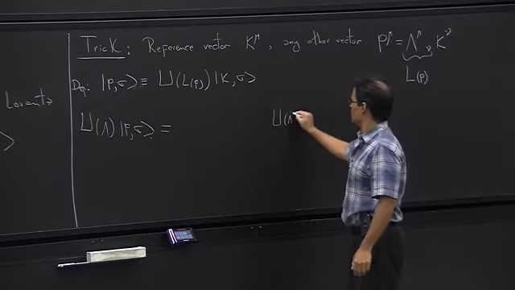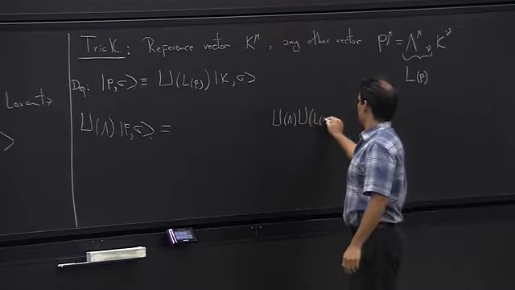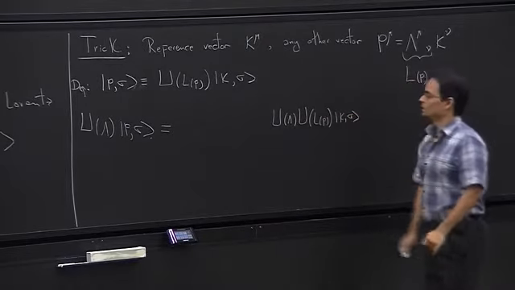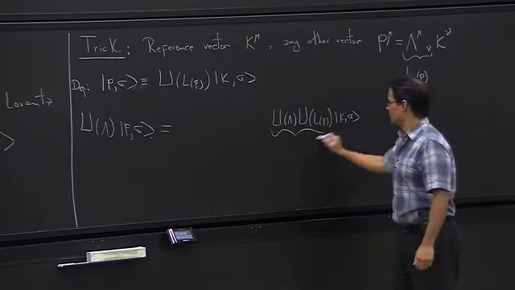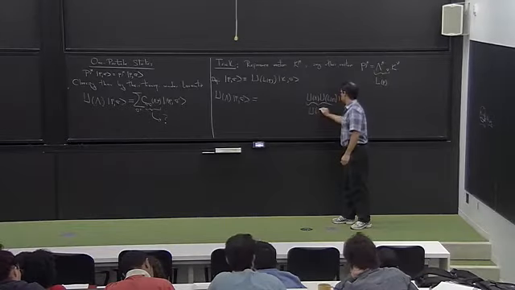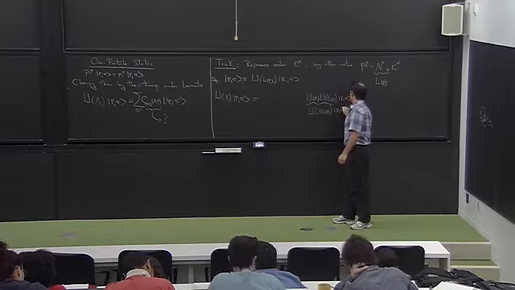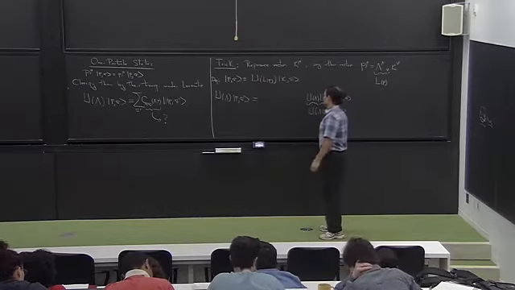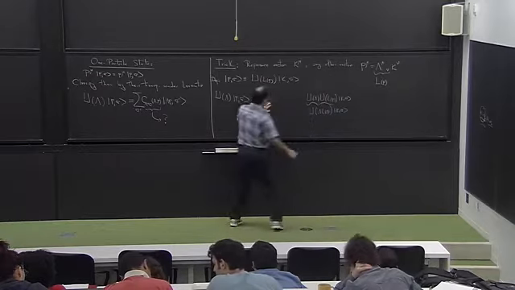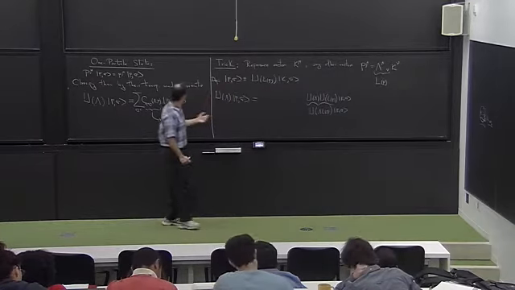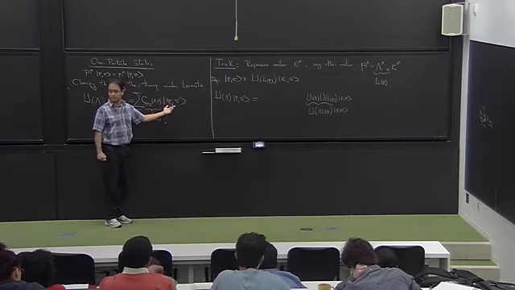So we have U of lambda, U of L of P, K sigma. This thing here combines into this Lorentz transformation. Okay? But I want to translate this back into something that has this structure.